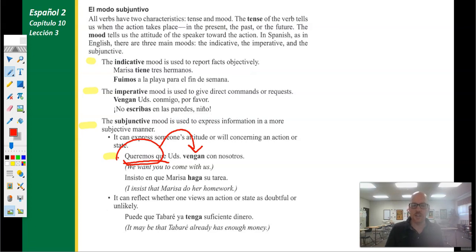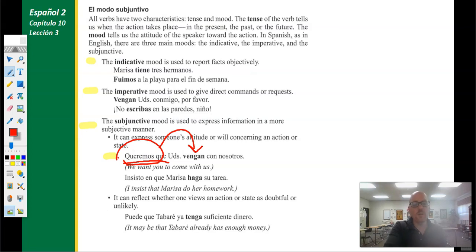Vengan. Ustedes vengan. Insisto en que Marisa haga su tarea. I insist that Marissa do her homework. Yo insisto. That strong attitude or emotion causes the second clause, que Marisa haga su tarea, to be in the subjunctive mood.